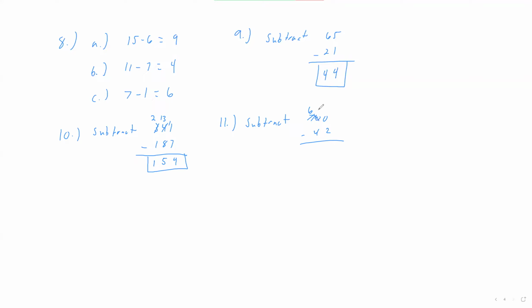So that 10 now becomes a 9, and I can carry the 1 over here. So now this becomes 10 minus 2, which is 8. 9 minus 4, which is 5. And then 6 has nothing to subtract from, so there's like an imaginary 0. So 6 minus nothing is still going to be 6.